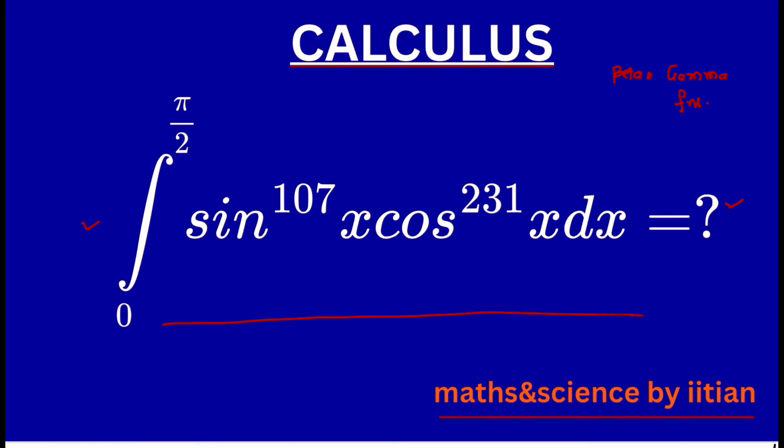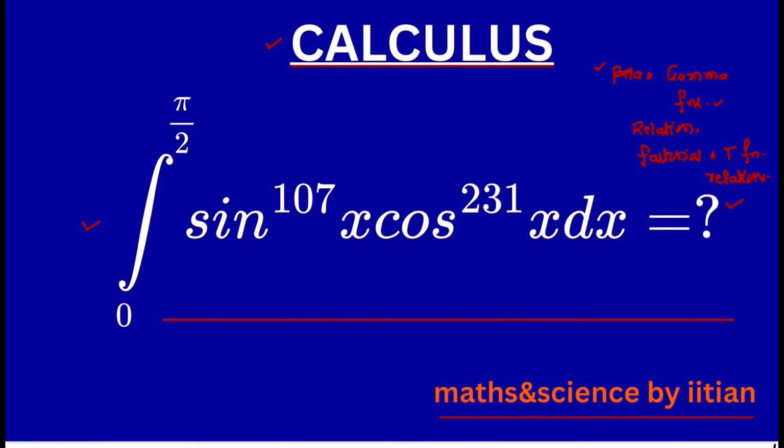That means three concepts we will be using in this problem, and we can solve it very easily by using these three concepts which I have already explained in my previous classes: beta gamma function definitions, relation, and factorial and gamma function relation.